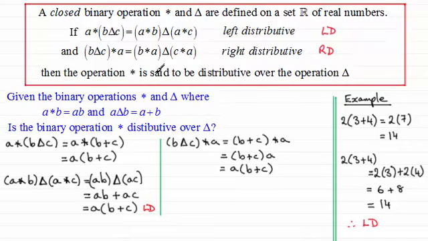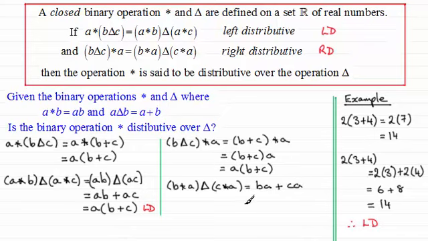Now we just need to do the right hand side here and check out what we get for that. So we've got B star A, and then that is triangle all of C star A. So for B star A, that's going to be B times A, and then for the triangle, that's going to be plus, and then we've got C star A, which is going to be CA.